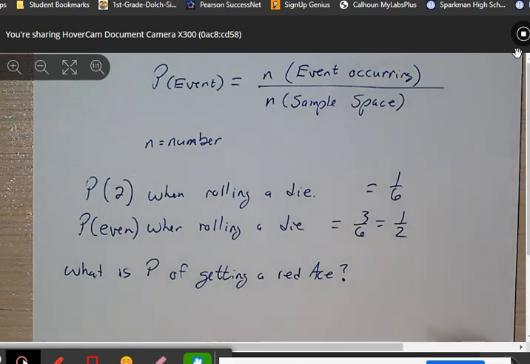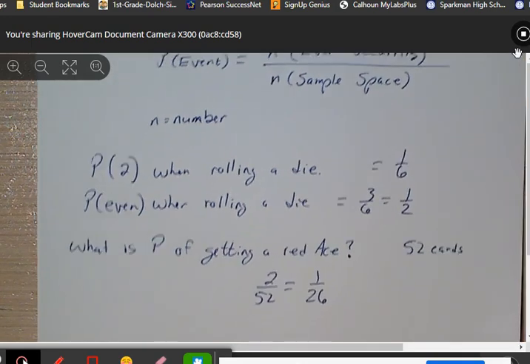There are 52 cards in the deck, and there are 4 of each: 4 aces, 4 twos, 4 of those. And of those, 2 are red and 2 are black. So your basic probability would be 2 out of 52. But then you have to simplify it down to make it 1 over 26.